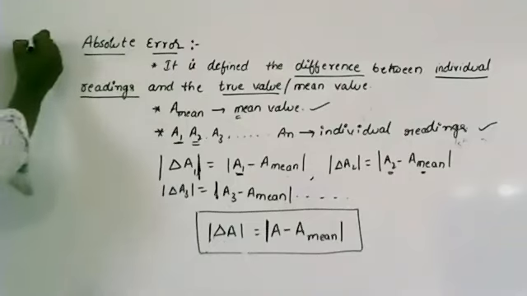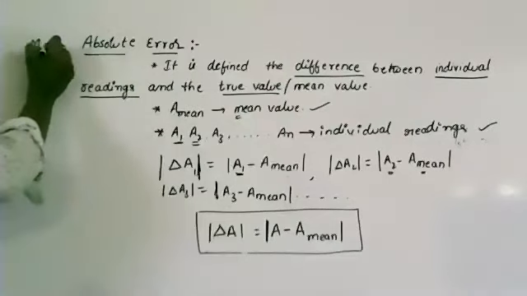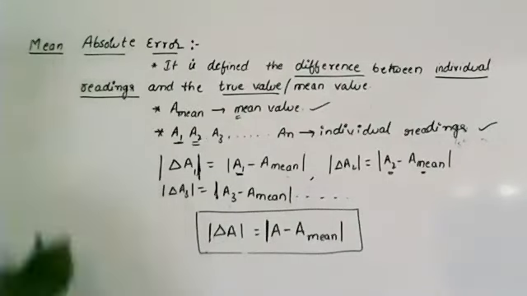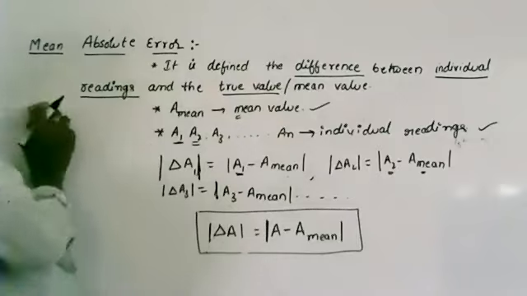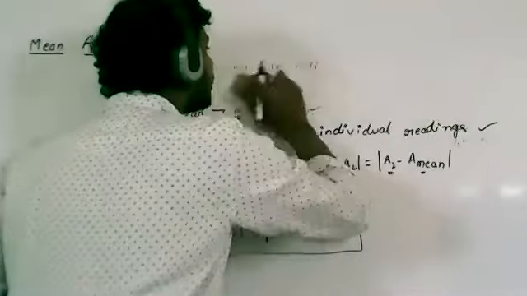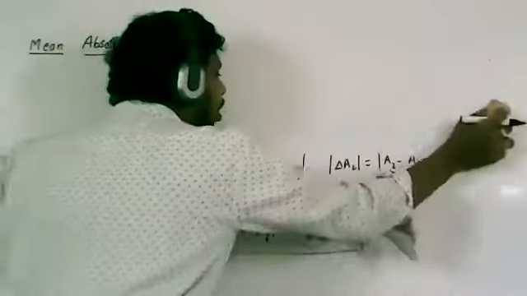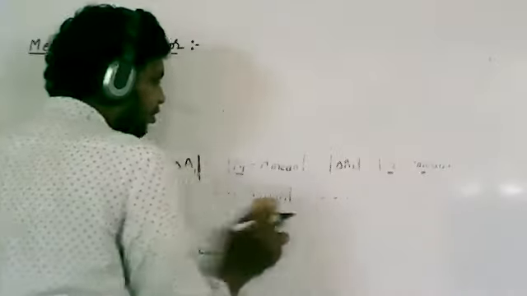Now the next concept is mean absolute error. What do you mean by mean absolute error? It means the arithmetic mean of all the absolute errors.